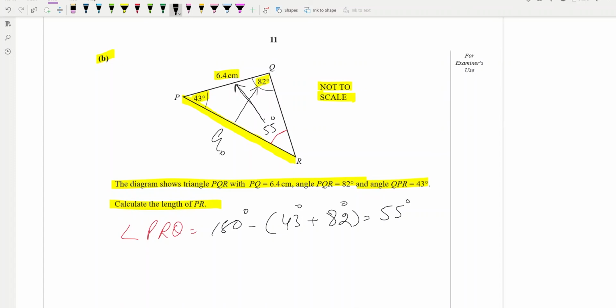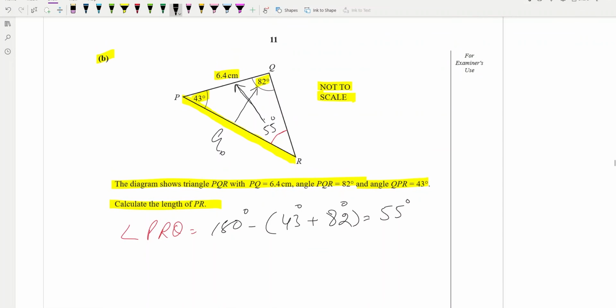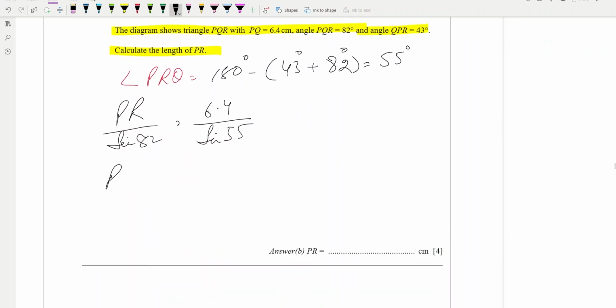So we can apply the sine rule, and the sine rule will be PR over sine of 82 equal to PQ, which is 6.4, over sine of 55, which is the opposite angle. So PR will be equal to 6.4 sine of 82 divided by sine of 55 degrees.